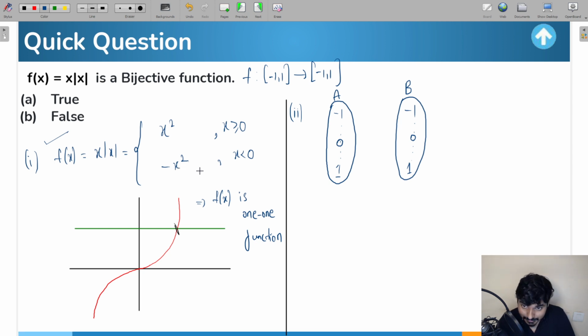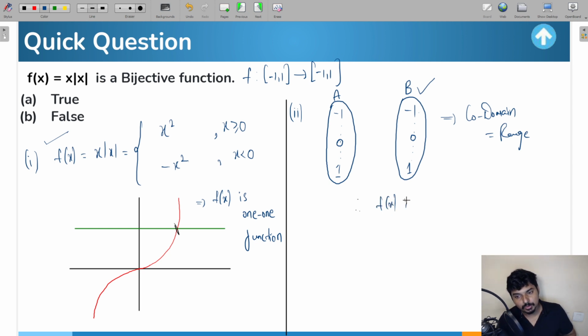So what does that mean? That each and every element of the set B will be an image of some element of the set A. Yes or no? Yes, we can conclude that. So from here, we can conclude that codomain and range are going to be the same. So this function is also going to be an onto function.